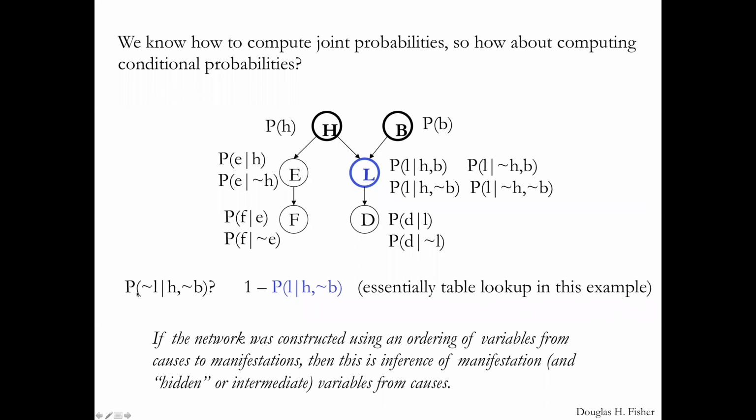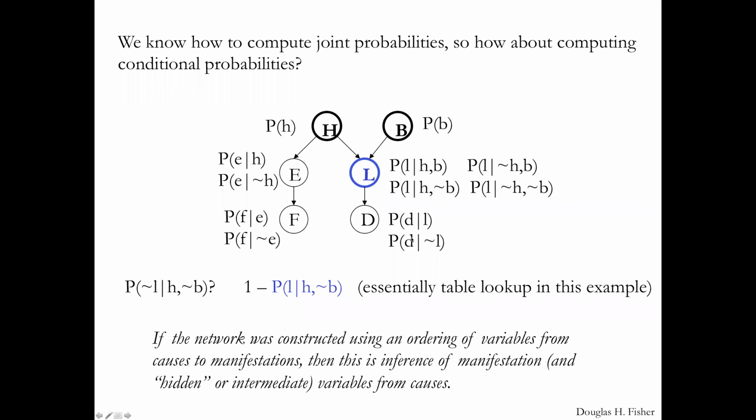So here's a conditional probability, and in this case, it's essentially table lookup. Again, on an exam, you can state this directly, but in terms of the probabilities that are actually found in the probability tables, this would be equal to 1 minus a probability that was actually found in the probability table.